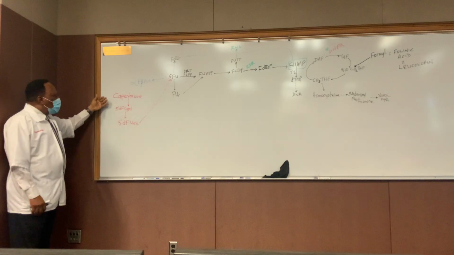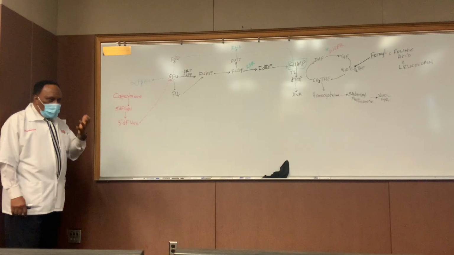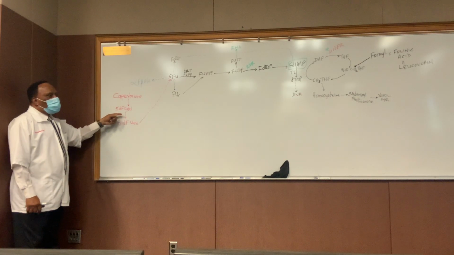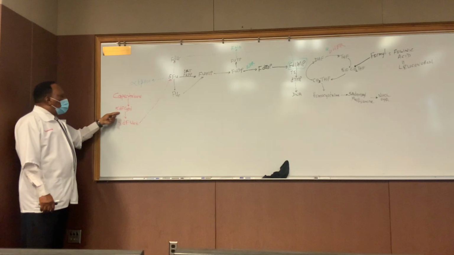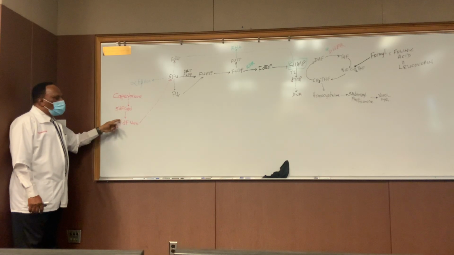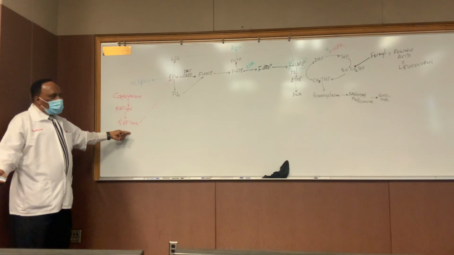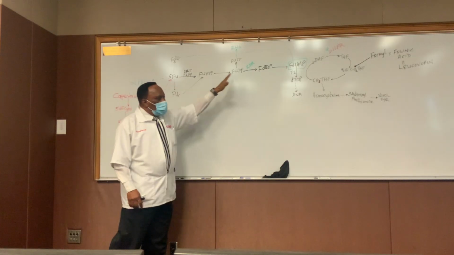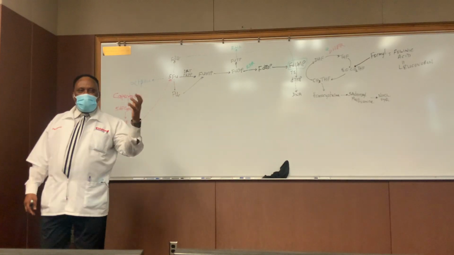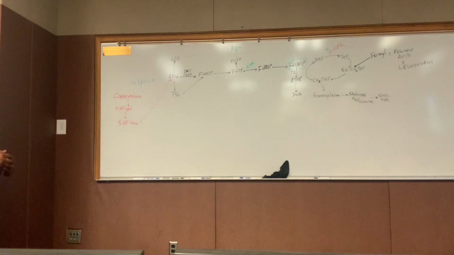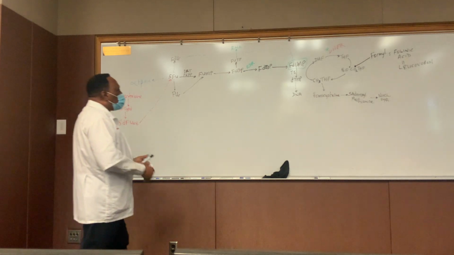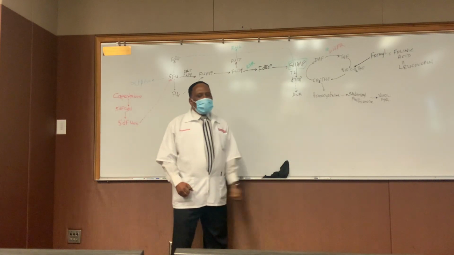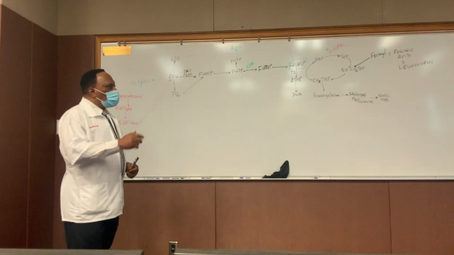Capecitabine is one of your pyrimidine analogs that will be converted to 5'-deoxycytidine, and that 5'-deoxycytidine can go to 5'-deoxy-5-fluorouridine, which can eventually be converted to 5-FU, and then you get the production of your FdUMP, fluorodeoxyuridine monophosphate, and that FdUMP will inhibit your thymidylate synthase, so it cannot form DNA.